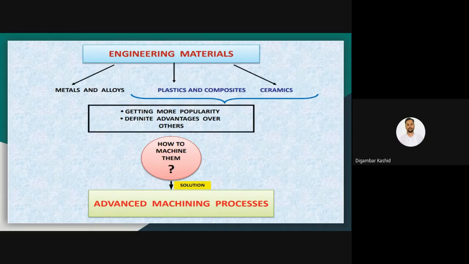Researchers in the field of manufacturing processes started thinking about what to do, how to do the machining, or how to cut that hard material. So they started to evolve a new type of machining process so that we can cut that hard material, which is difficult to cut using traditional or conventional machining processes.